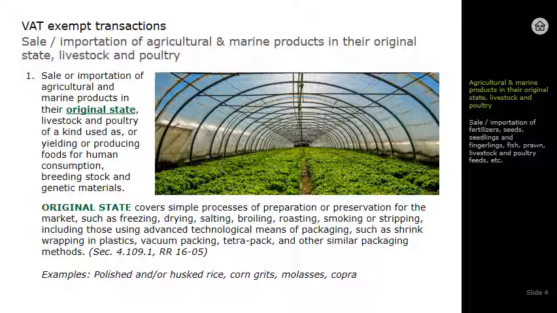Well, regarding this exemption, agricultural and marine products, they are food products for human consumption. Food products, agricultural and marine food products, in order for it to be exempt. What are the transactions that are exempt? Sale and importation of food, marine, and agricultural products.